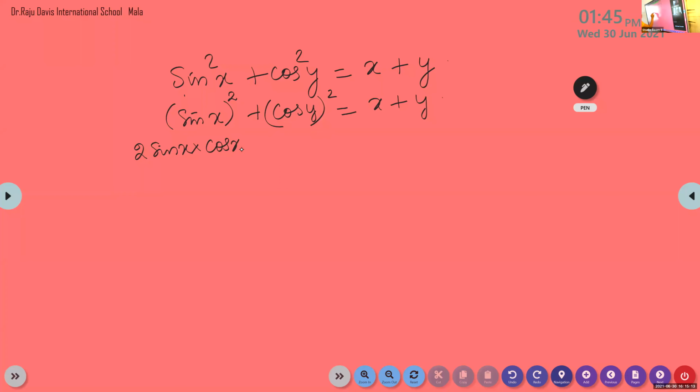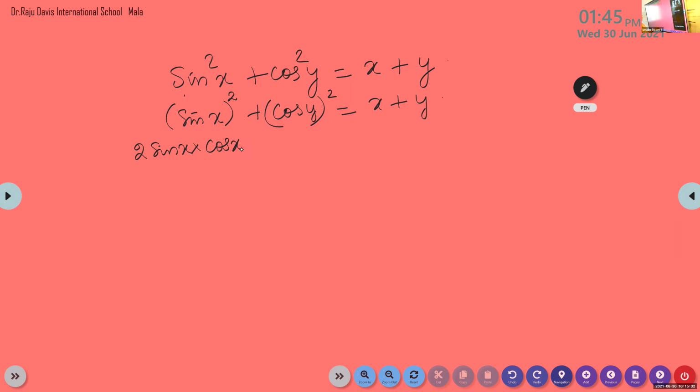So we can write this as 2 sin x into the derivative of sin x, which is cos x. Is it clear? This is how we have to differentiate a square function.